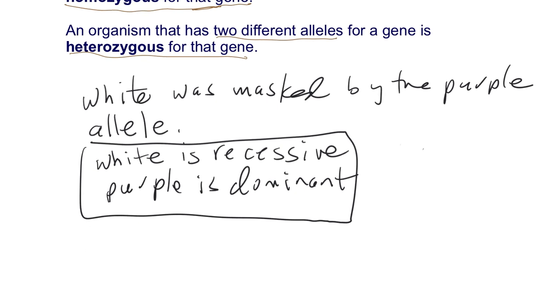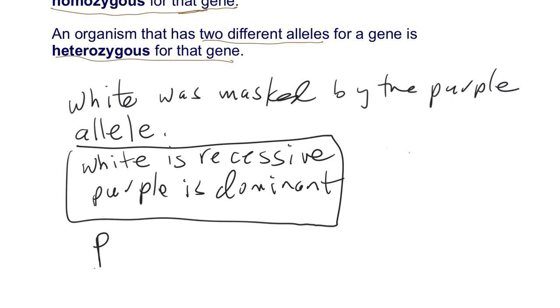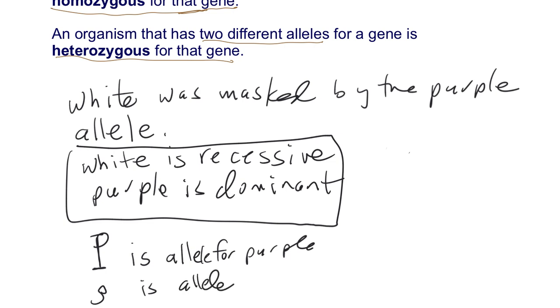So big P is the allele for purple flowers, and the little p, lowercase p, is the allele for white flowers.